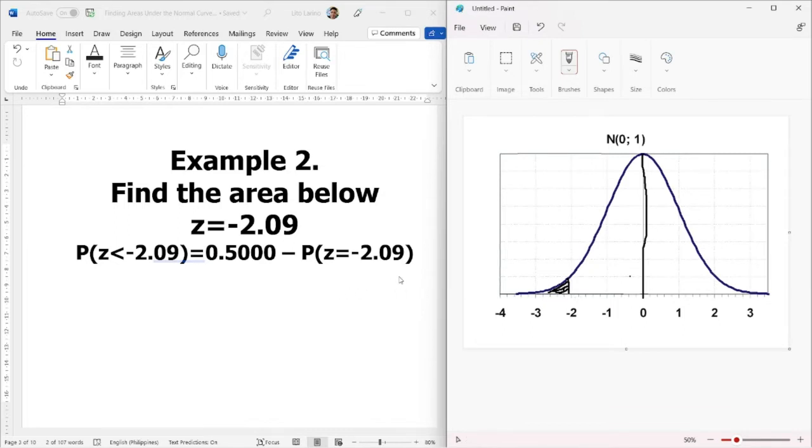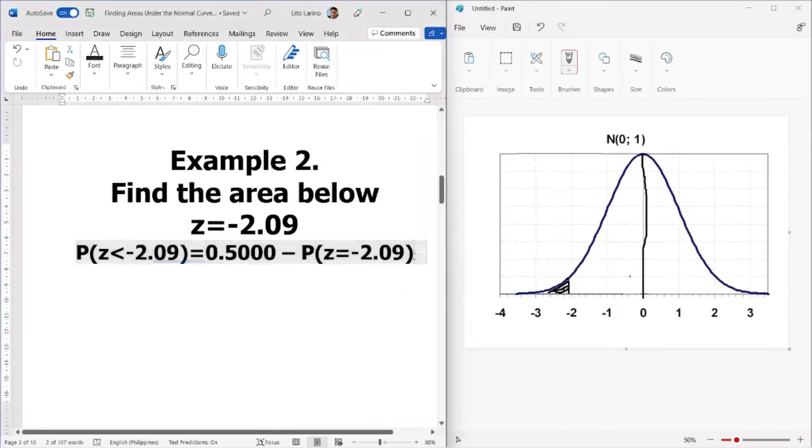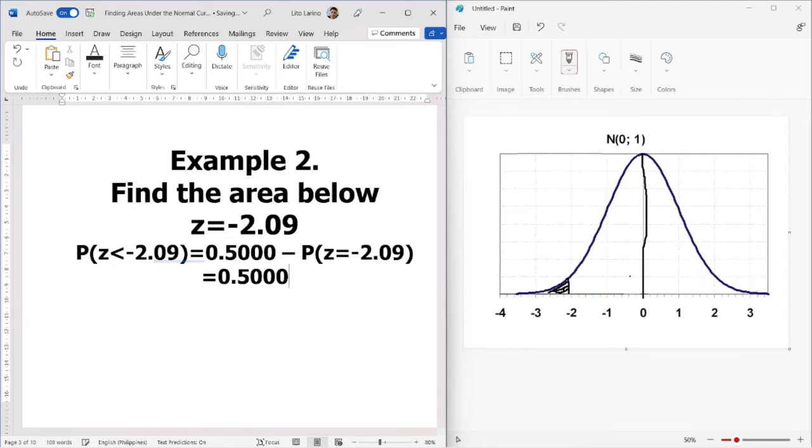That is, 0.5000 minus the area when the z-score is 2.09.